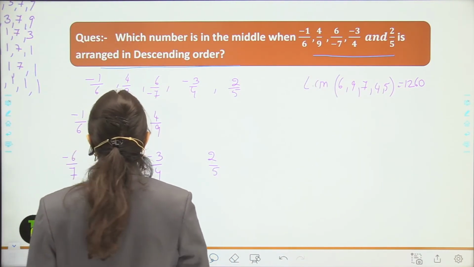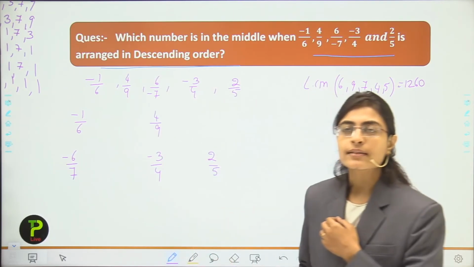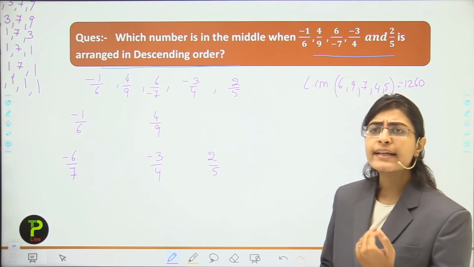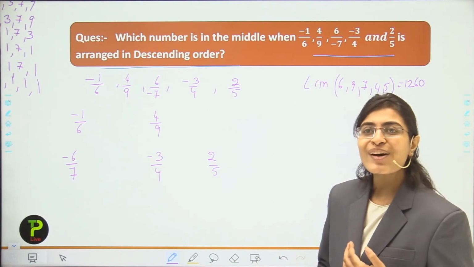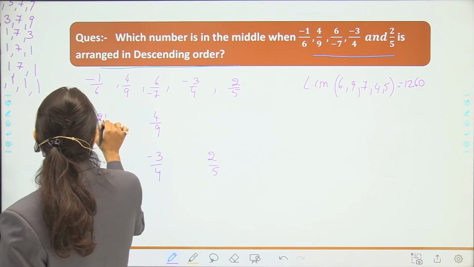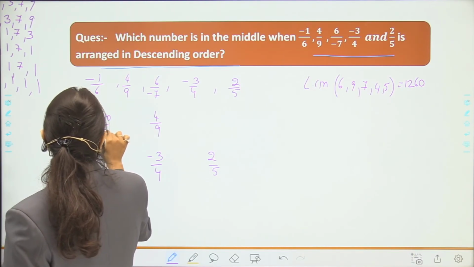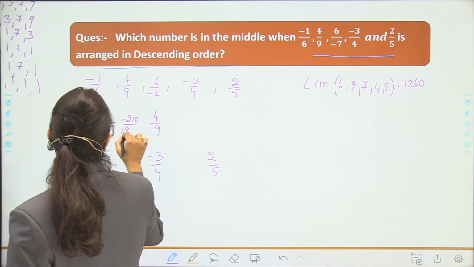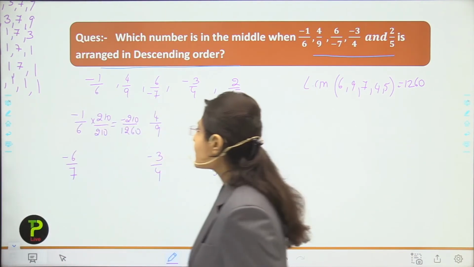Okay. So here minus 1 by 6. I have to make 6 as 1260. What should I multiply it with? 210. So multiplied by 210. So here 210, 210. Alright, it will give me minus 210 and it will be 1260. Done.